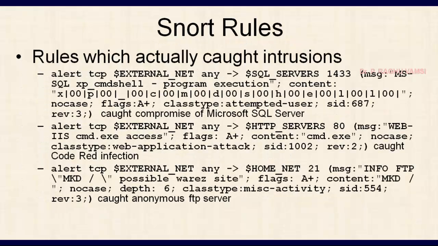The rules which actually catch intrusions, like this: alert TCP external net any SQL servers 1433. So the message is MS SQL xp_cmdshell program execution is initiated in that packet. And HTTP servers 80, and alert TCP external net any home net 21, then FTP access is being attempted by the traffic.